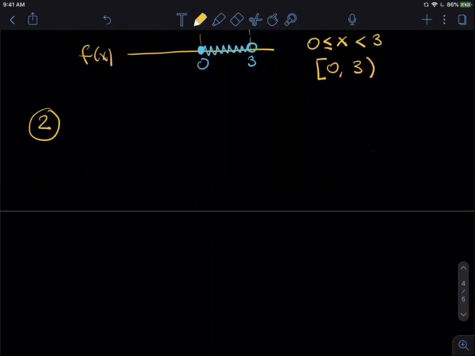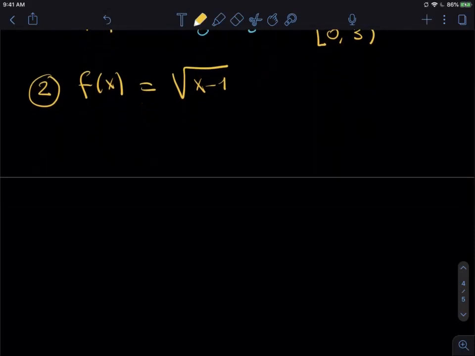So let's say f of x equals the square root of x minus 1. So in this case, I have the square root of a number, right? So I need to avoid negative numbers.